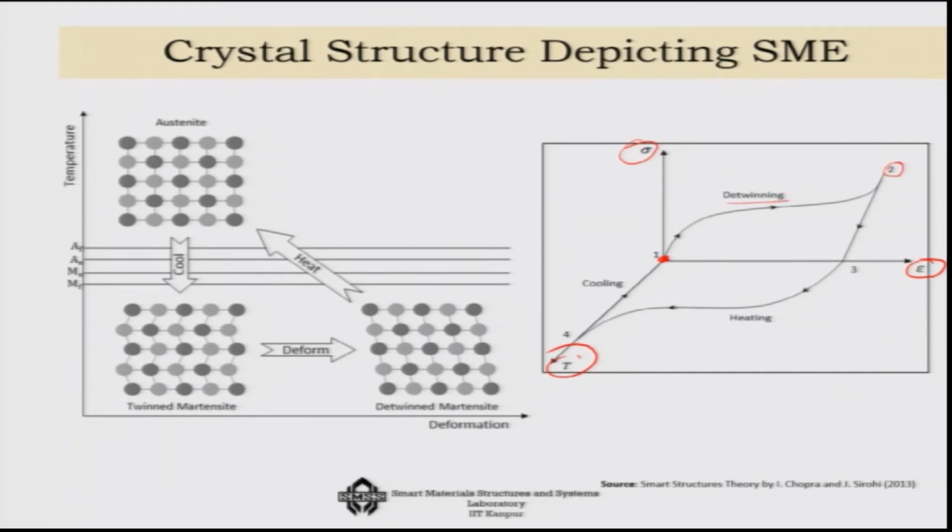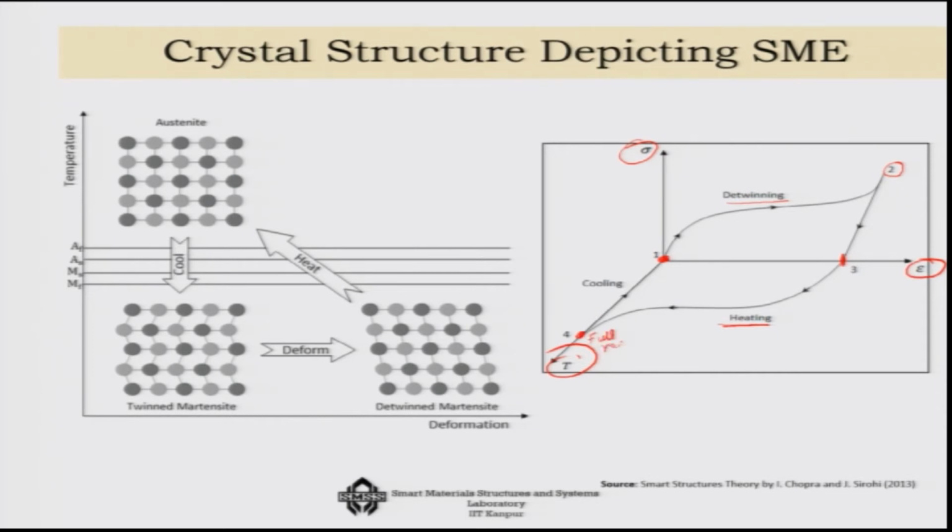If I increase the load further, the material would have failed, but I do not want to do it. I am reducing the load now. If I reduce the load, it will not actually get back to its original shape, because there is this detwining to twining, and that load release will only bring it back to the partial, the elastic part of the recovery. Then I heat it up. As I heat it up, it actually goes to 0.4, and here full recovery of the shape has taken place.